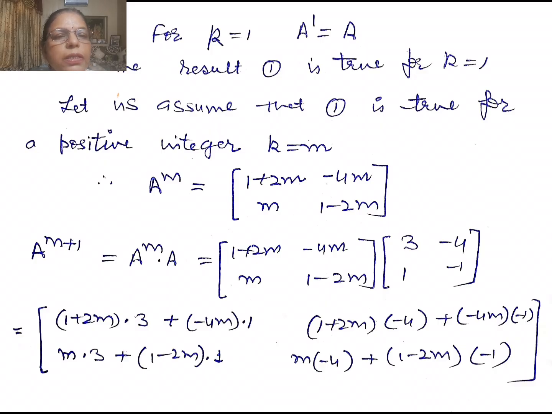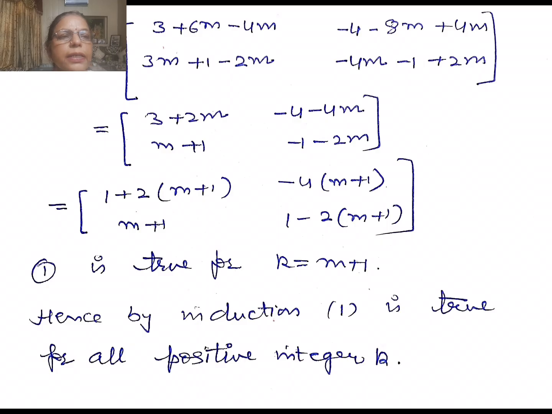Now calculate these terms. We get 3 plus 2m minus 4m, second row, m plus 1 minus 2m. Rearrange these terms. We get 3 plus 2m can be written as 1 plus 2 into (m plus 1).